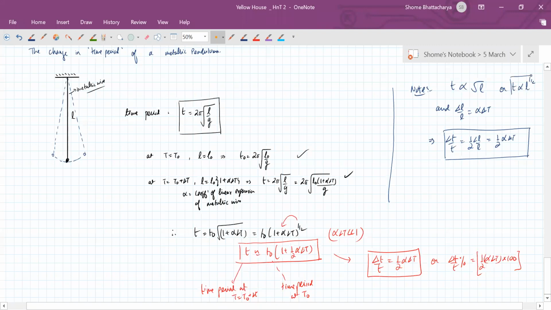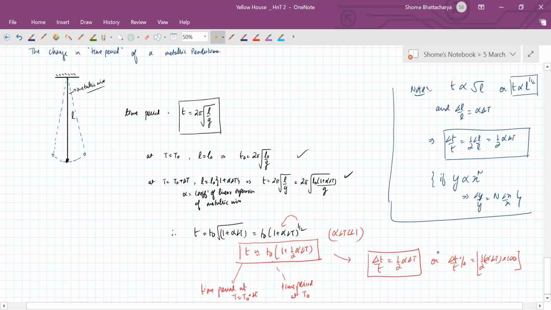The propagation of error concept. This comes from the idea that if y is proportional to x to the power n, then delta y by y will be n times delta x by x. Okay.